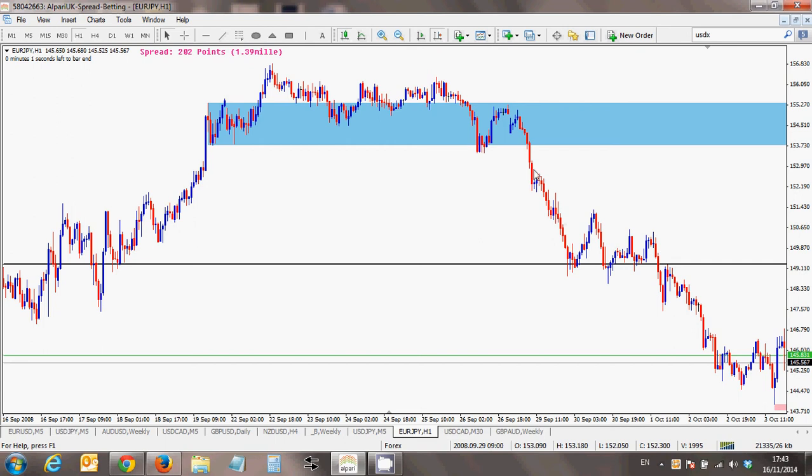Also, you might find price comes up and pings off this because it's broken here, and it had a little pause, and that hasn't been tested, I don't think. So price might come up, and when it comes back up, it might do something, ping off, and then I wouldn't be surprised to see it then fake out up into here to reverse, because this was an important decision point previously. So where might that happen?